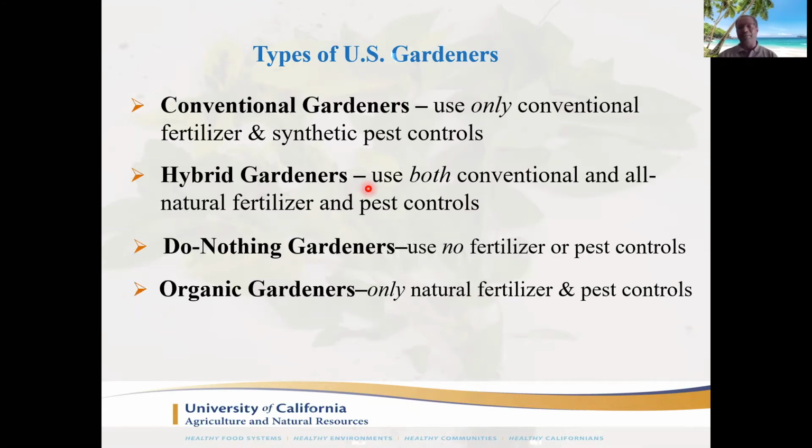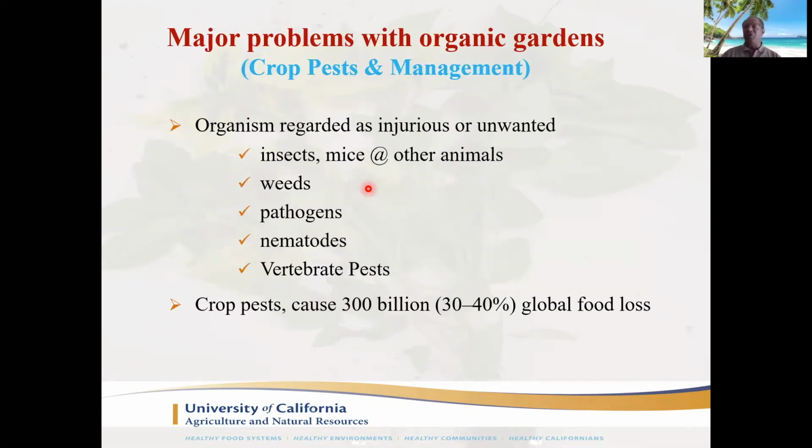Those are simply those who do not use fertilizer and don't use pest control. So by virtue of chance, they may grow vegetables or crops. That's it. All right, so let's look at the major problems with organic gardens, okay?